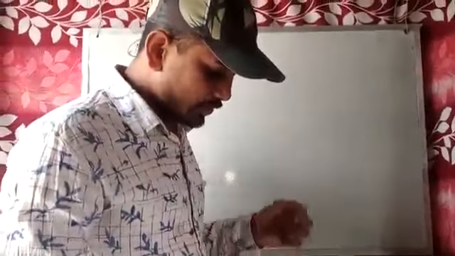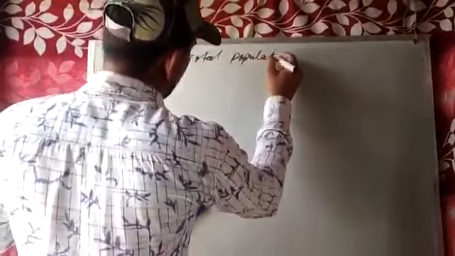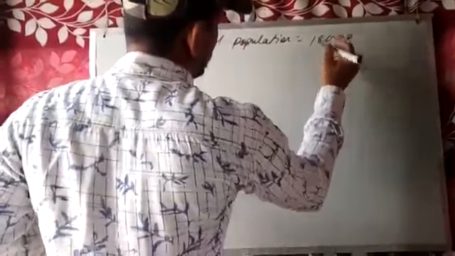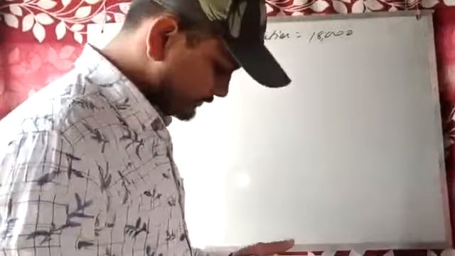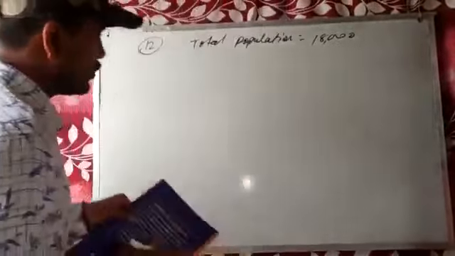Question number 12. The population of a town is 18,000. Out of this total population, males are 1/3 of the whole population.